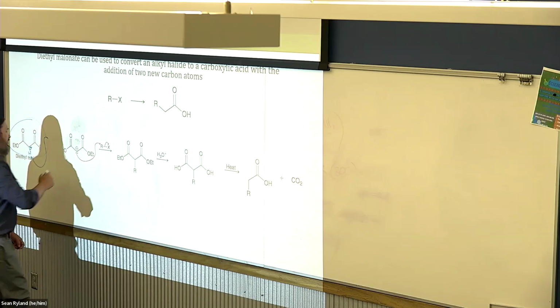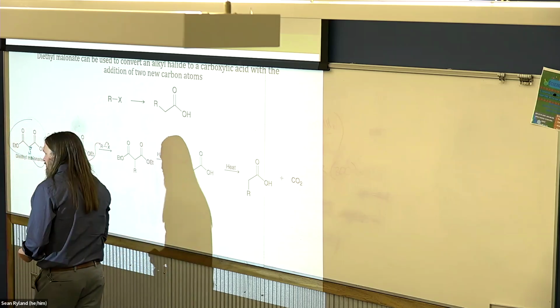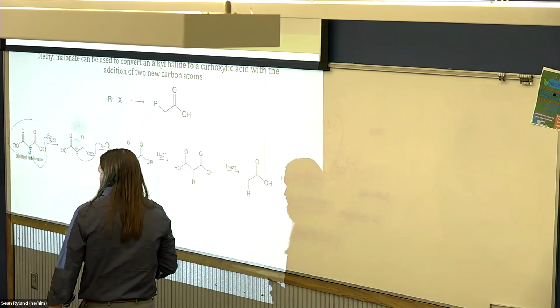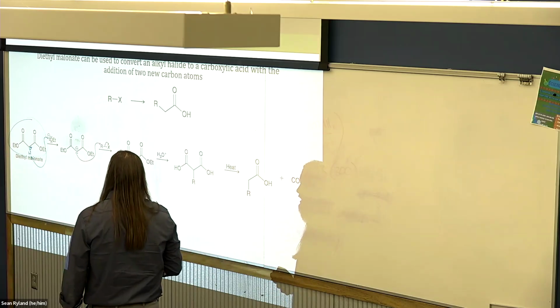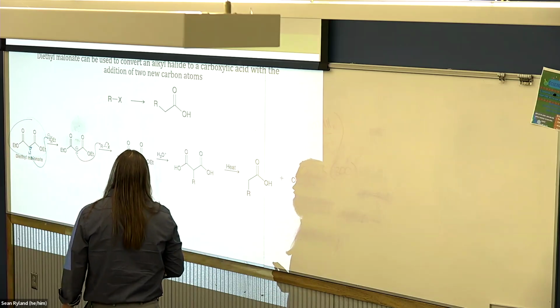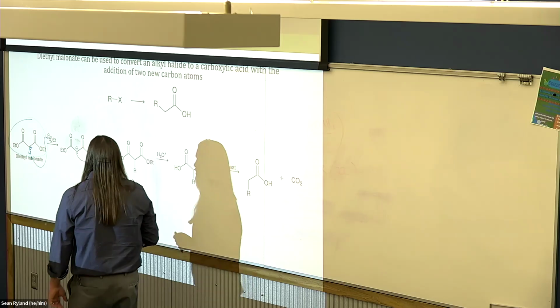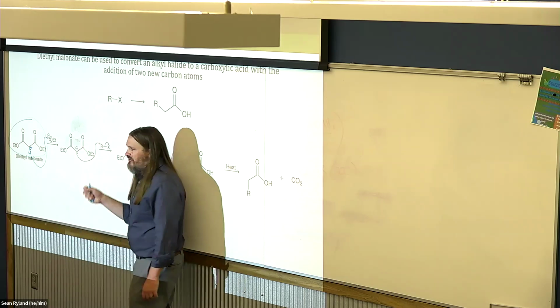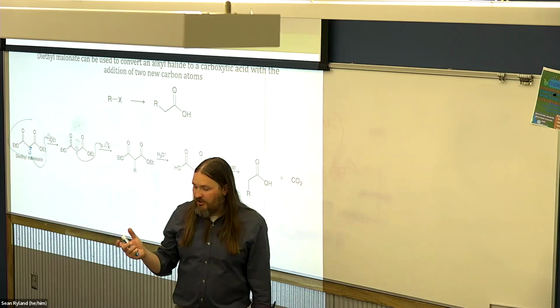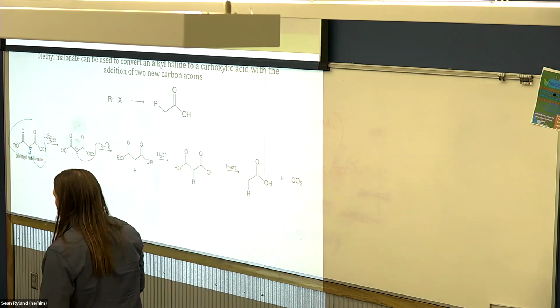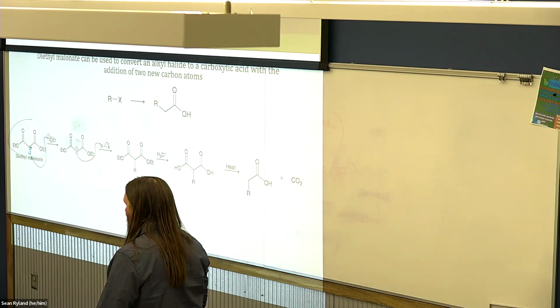So that gives us our enolate, our doubly stabilized enolate. So we have an extra resonance, which makes it a pretty strong nucleophile. So this is basically a more specific version of that alpha carbon halogenation we talked about on Tuesday.